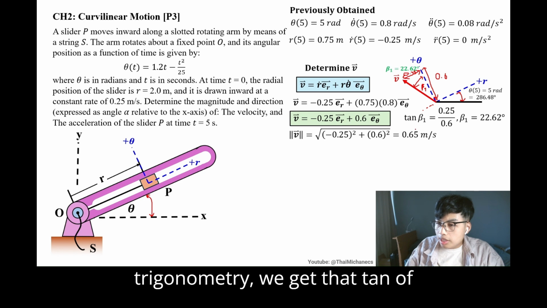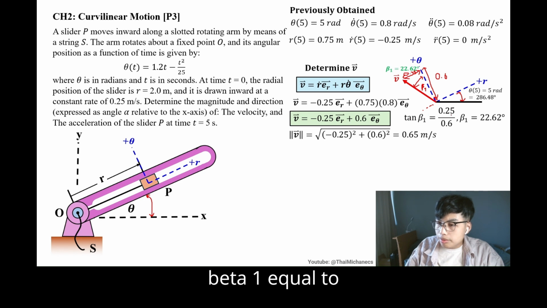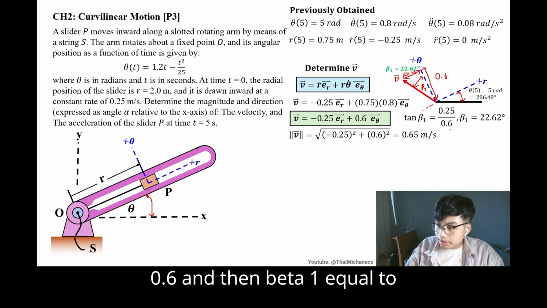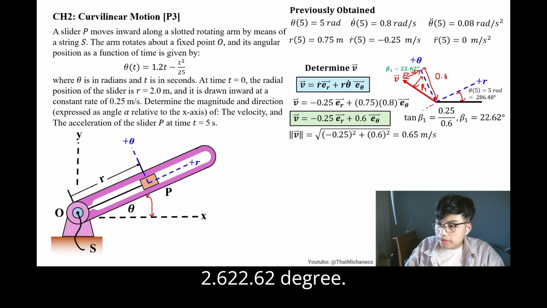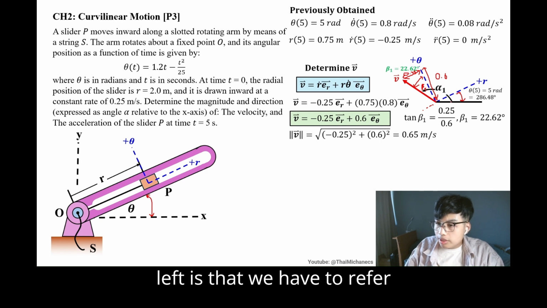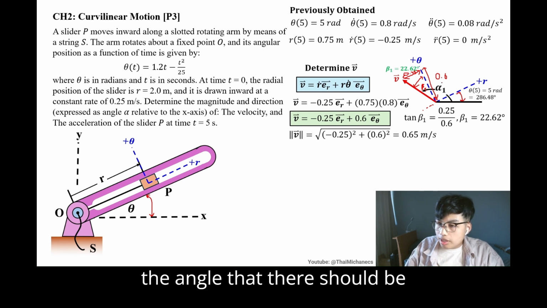We get that tan of beta 1 equals 0.25 divided by 0.6, and then beta 1 equals 22.62 degrees.